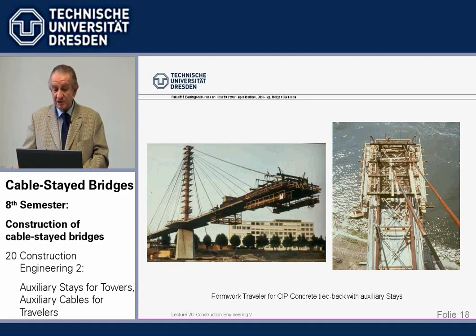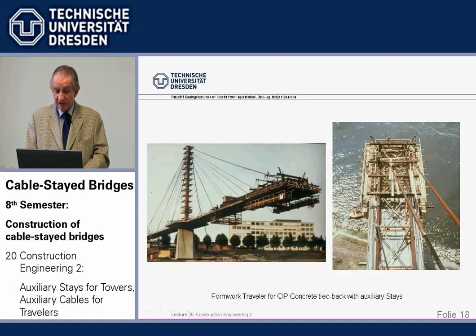So what we can do then is we can support this formwork traveler with auxiliary tiebacks, auxiliary stay cables, which are anchored here, hung back to the tower. We can see it here that they are tied to the tip of the traveler and hung back.